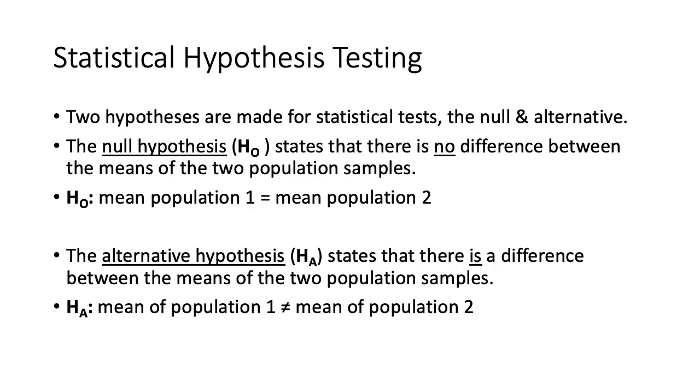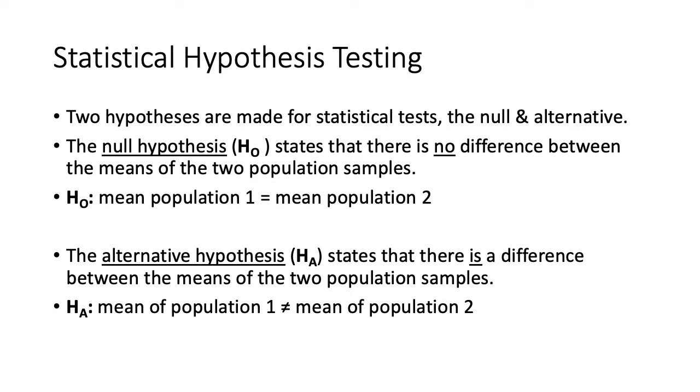The null hypothesis, which you see with the symbol H sub 0, states that there is no difference between the means of the two samples representing the two different populations. So the mean of population 1 would equal the mean of population 2.